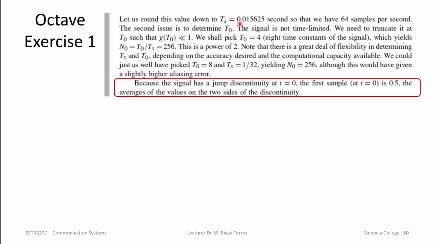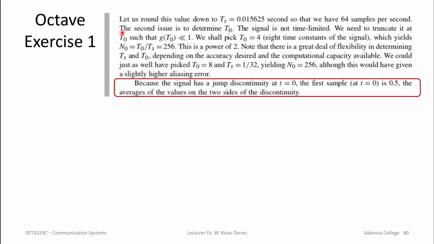So they come up with this number, 0.015625, which happens to be 1 over 64, right? So that means that every second, we're going to have 64 samples, okay? So we say that we have a sampling frequency of 64 hertz.